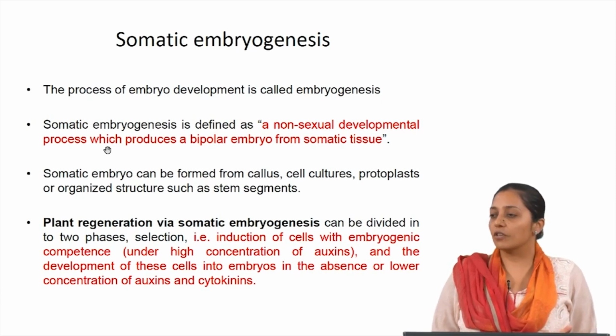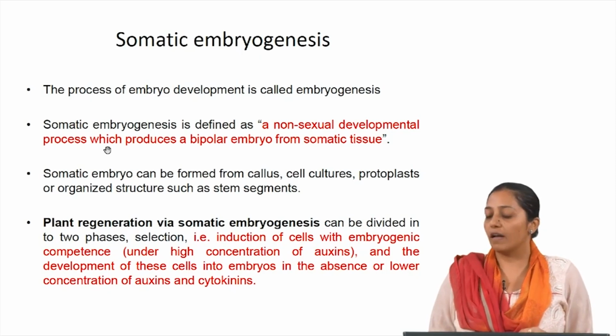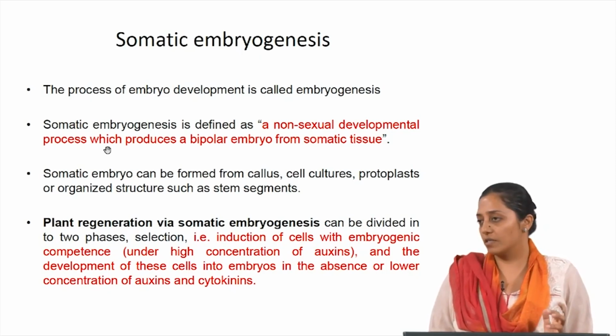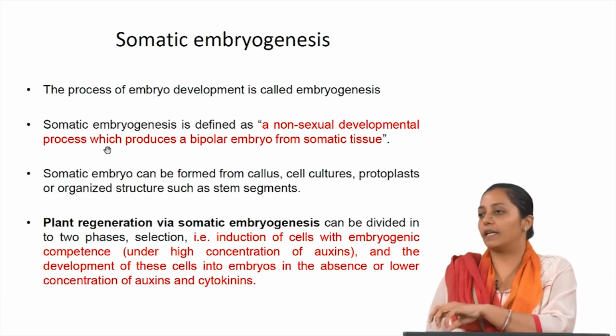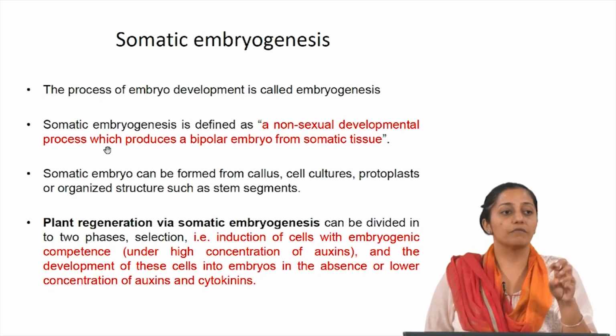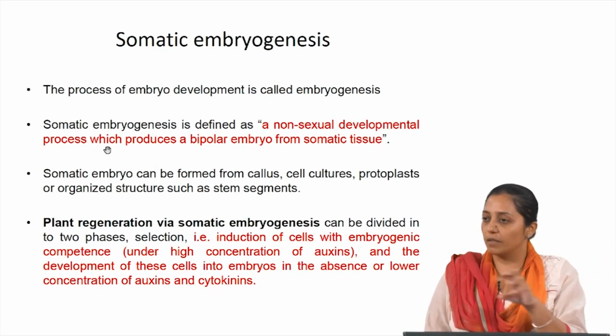One is induction of cells with embryogenic competence. This happens when you have very high concentrations of auxins in the medium generally, followed by the development of these cells into embryos once vascularization, which means cytodifferentiation and organogenesis, have taken place.